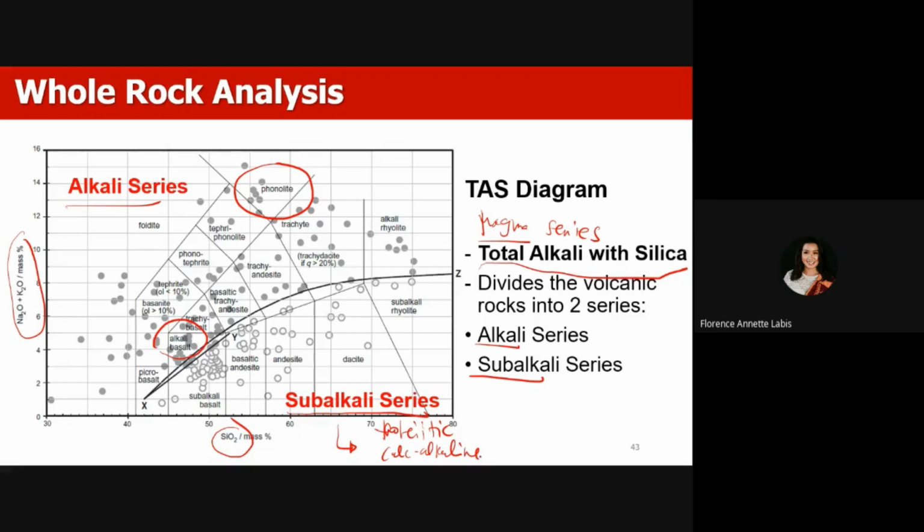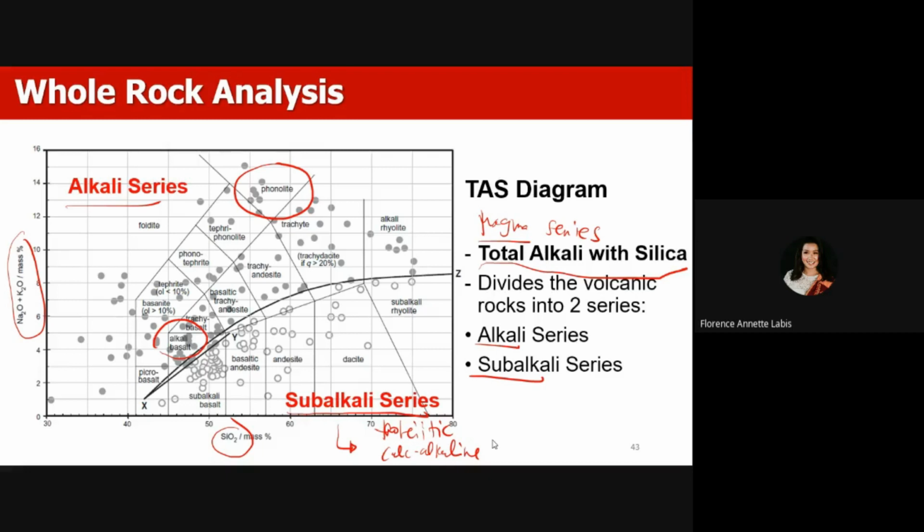This is important, guys, because basalts or volcanic rocks formed along mid-oceanic ridges will have a distinct geochemical signature compared to those formed along subduction zones, which gradually produce island arcs.